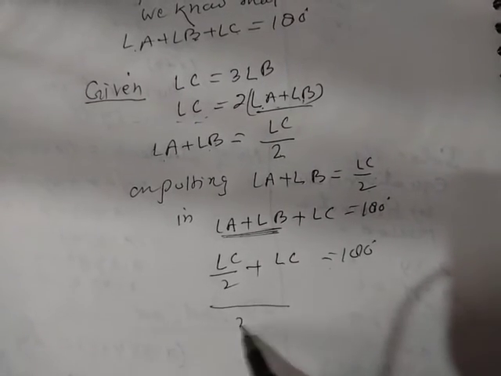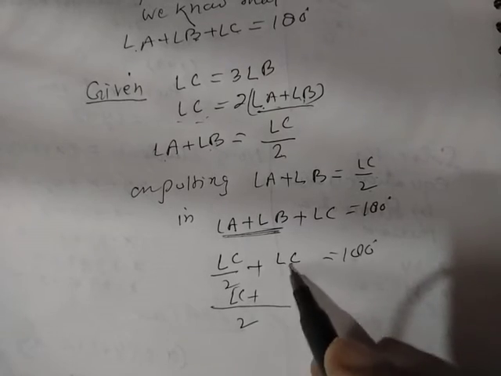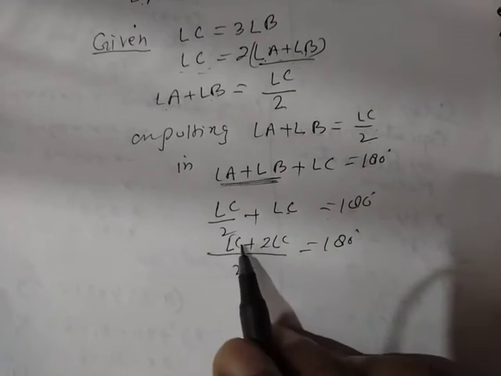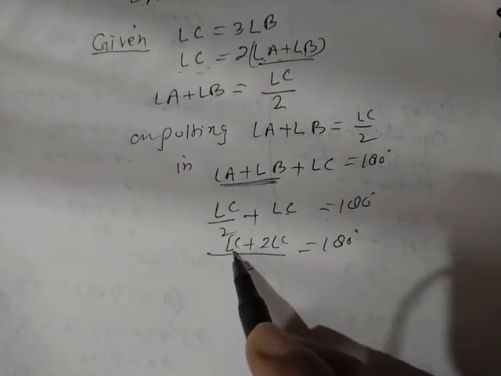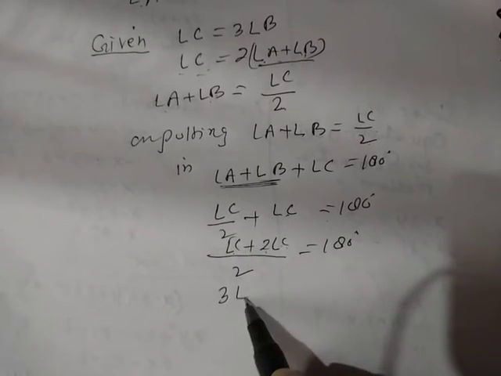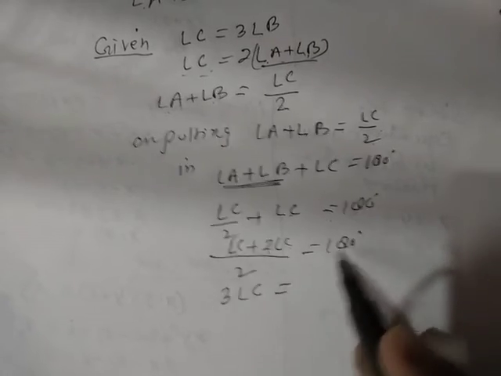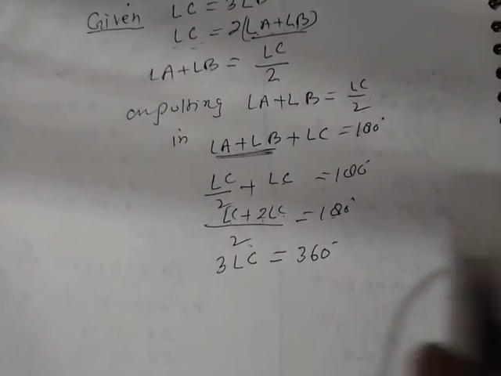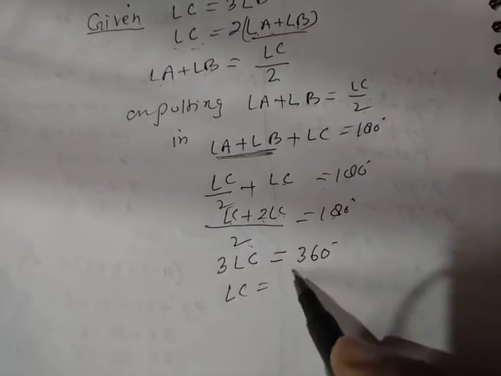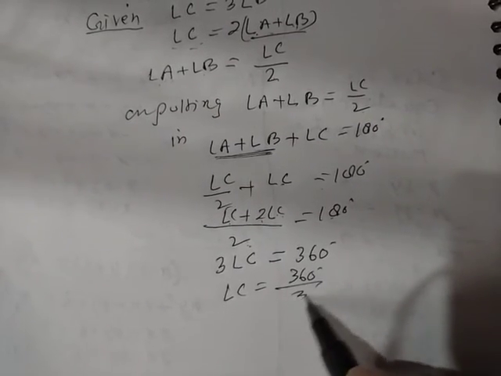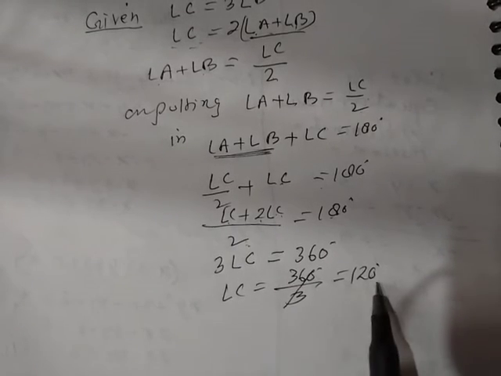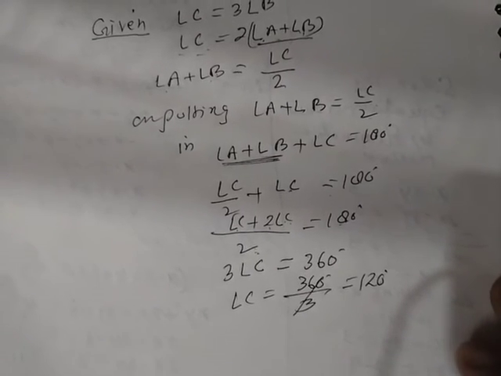You take LCM: angle C plus twice angle C is equal to 180. Thrice angle C equals, cross multiply, 2 into 180, 360. Now angle C is equal to 360 upon 3, that is 120. The value of angle C is equal to 120.